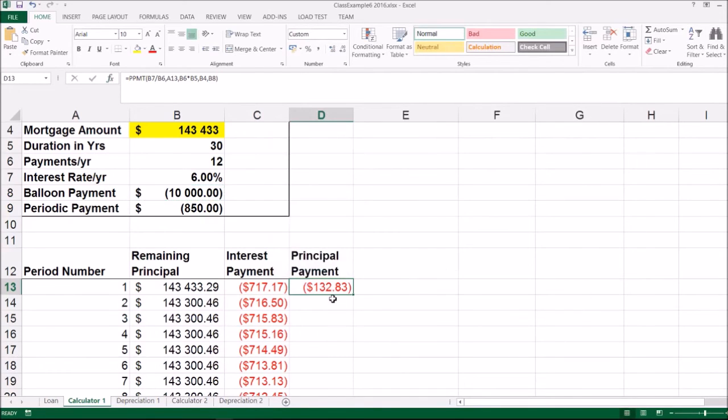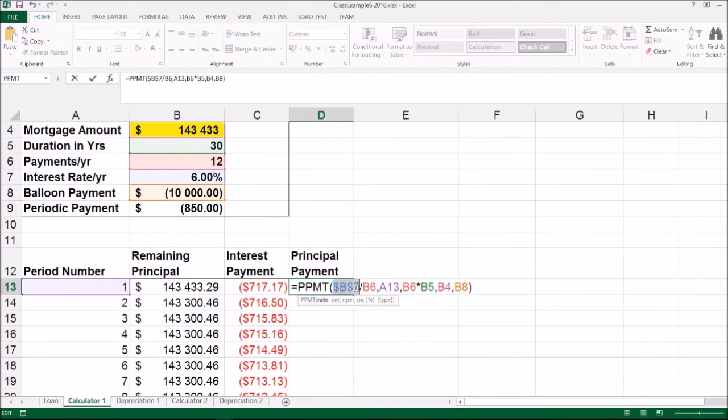Once again, we need to lock certain cells. So all the cells need to be locked except the period number, which is in cell A13. So lock all the cells that are required. And then once again, we're going to add a new function like we did with the interest payment. So if the period number exceeds the number of periods in this loan, then you shouldn't be paying a principal payment.